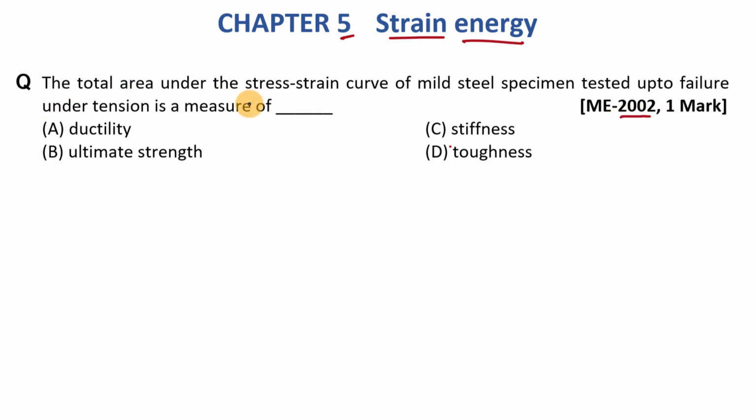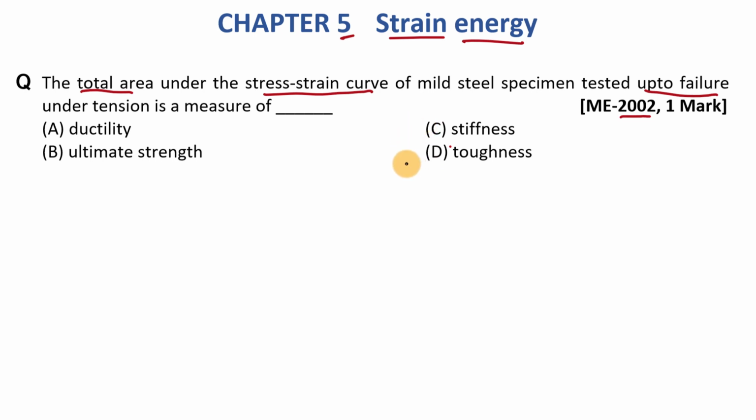The total area under the stress strain curve of a mild steel specimen tested up to failure under tension is a measure of ductility, stiffness, ultimate strength or toughness. In the theory part, we have discussed this point. We have discussed that total area under stress strain curve up to failure is toughness, or we can say modulus of toughness, but there is no option of modulus of toughness.